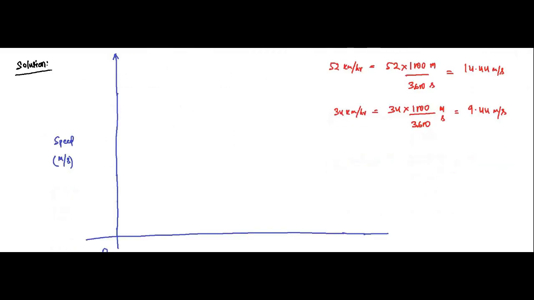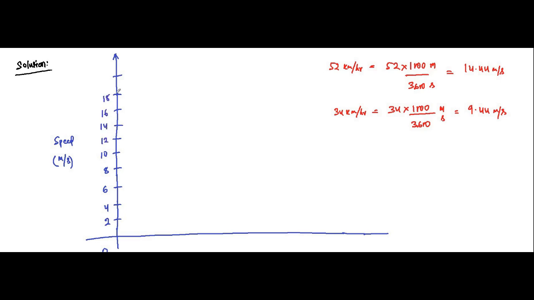So it will be 1, 2, 3, 4, 5, 6, 7, 8, 9, 10. Okay, so we'll mark 2, 4, 6 duration. On the speed axis, 2, 4, 6, 8, 10, 12, 14, 16, 18.